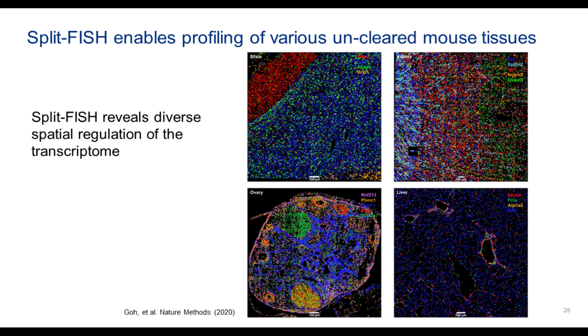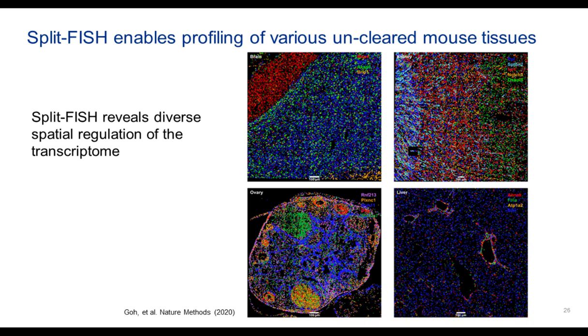What is really interesting is that because now we don't have to worry about how to clear the different sample types, we just take the same library and put it on different tissues, and we see all these very interesting and beautiful images of the different organization of the spatial transcriptome.